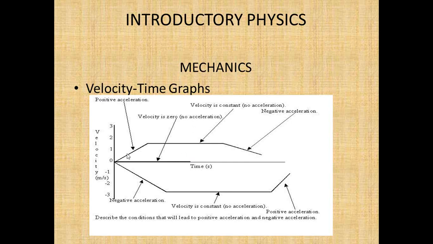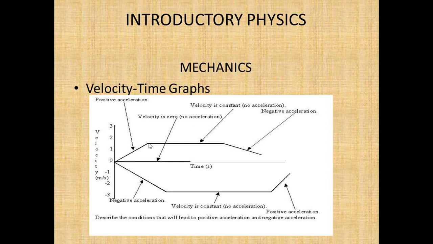The slope of your velocity time graph is acceleration, because once you plot velocity against time, as time increases, the velocity is increasing. The definition of acceleration is change in velocity. So the velocity is changing, it's increasing, and because the slope is upwards, there's positive acceleration.